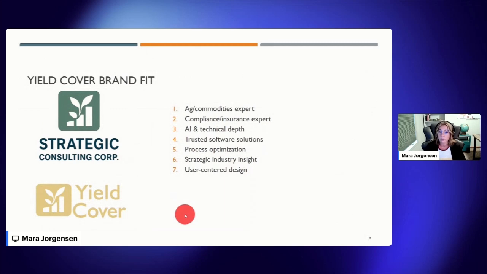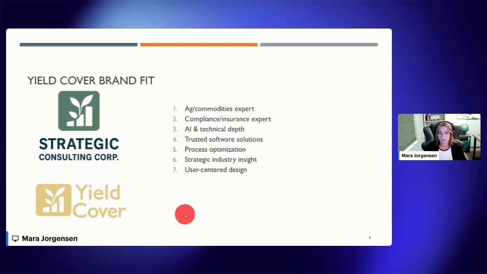Strategic Consulting Corp has agriculture and commodities expertise, also a background in compliance and insurance expertise. While crop insurance is not one of my main domains, I am an expert in other types of insurance, such as trucking insurance, which is used by many or potentially most farmers as well.